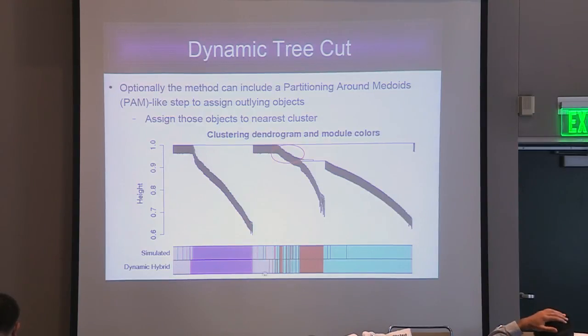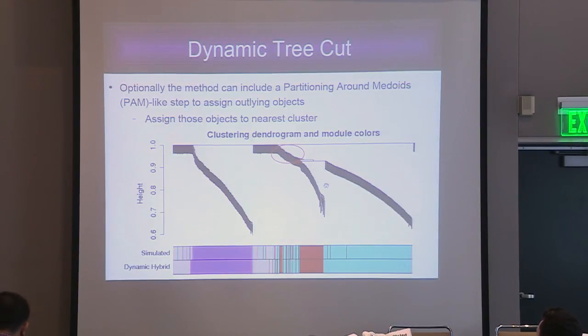And this is what the dynamic hybrid tree cut does. And you can see that the simulated data also kind of look like a mess. So it's not a problem of the dynamic tree cut that the assignment looks a bit jumbled. It's actually that the dendrogram does not really tell you very well how these objects relate to these two branches.